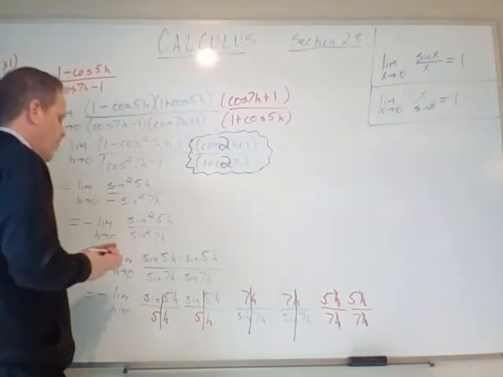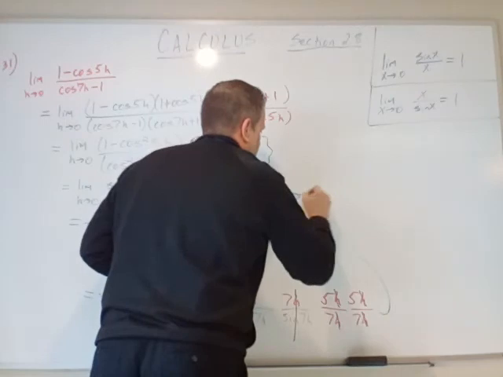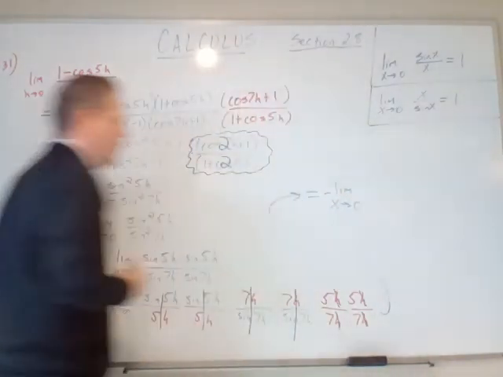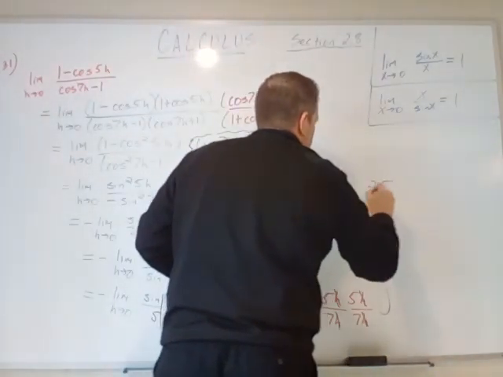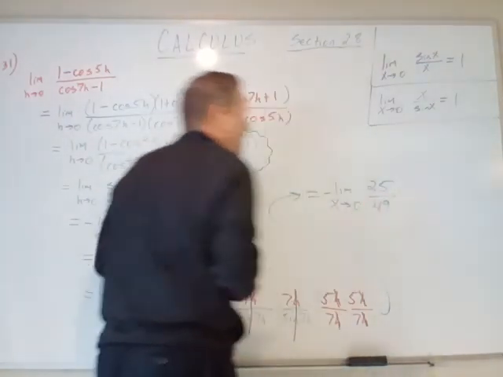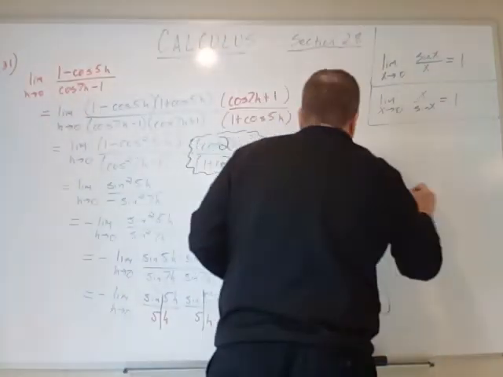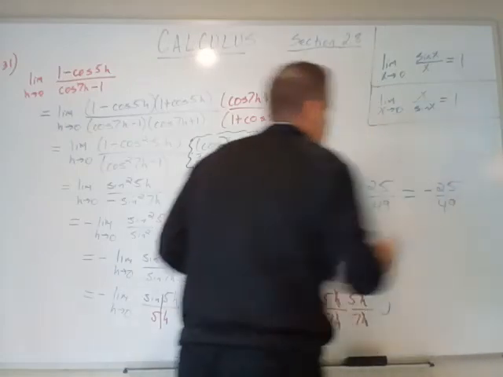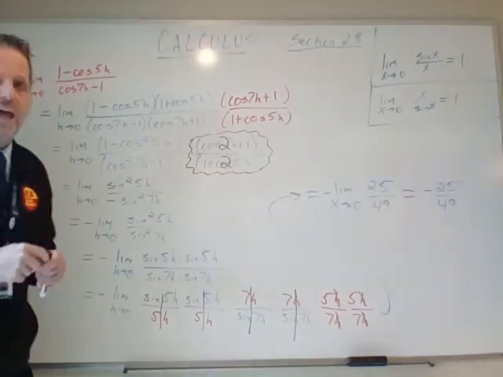So what are we left with? We are left with the opposite of the limit as x approaches 0 of 5 times 5, which is 25, divided by 7 times 7, which is 49. The limit of a constant is a constant. Don't forget about that negative sign. So our answer here is negative 25/49.